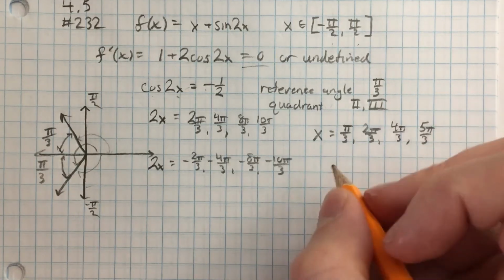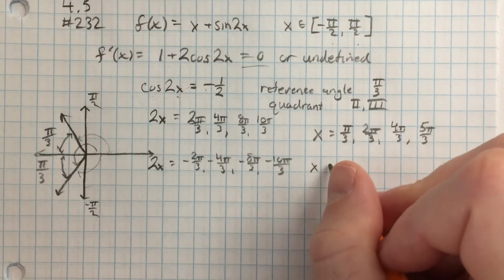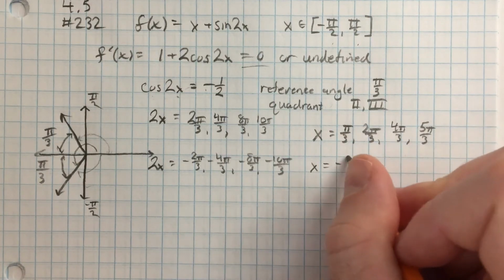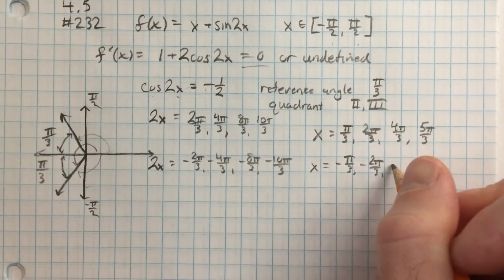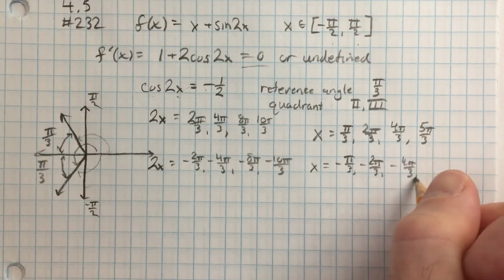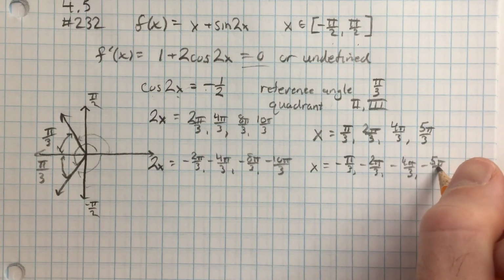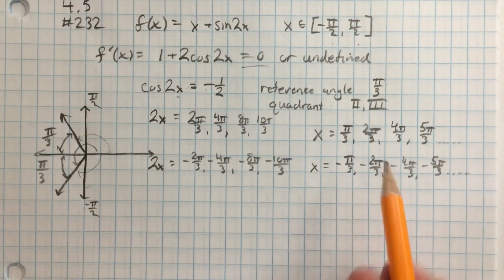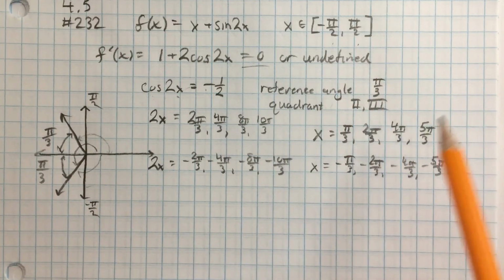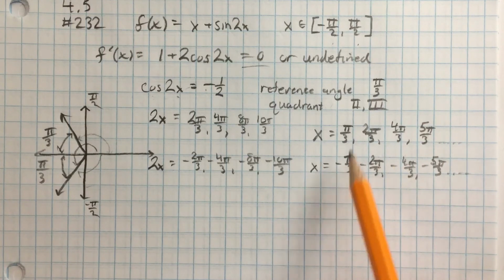We divide by 2. Down here, you get x equals the negative of those exact same values: negative pi on 3, negative 2 pi on 3, negative 4 pi on 3, negative 5 pi on 3, and going on forever. All right, so which of these is actually in this interval? There's not very many, to be honest. There's really only negative pi on 3 and pi on 3.